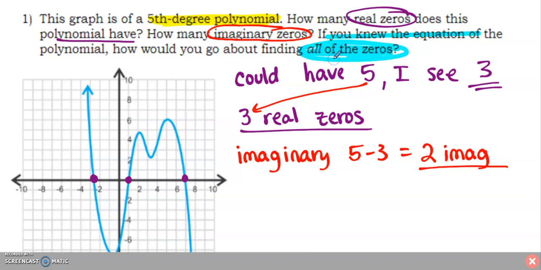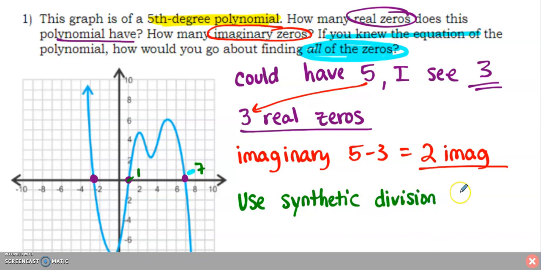If you knew the equation of the polynomial, how would you go about finding all the zeros? So if I wanted to know those specific ones, well, do you see these 3 that you can see? For example, this one that's at 7 and this one that's at 1. You would use synthetic division most likely first to divide those out.